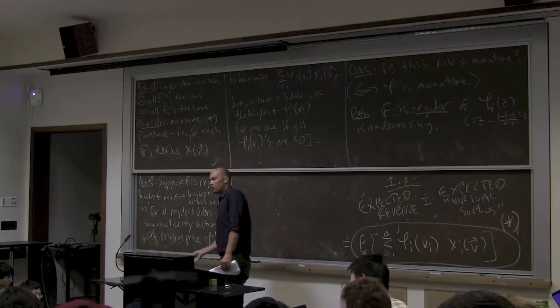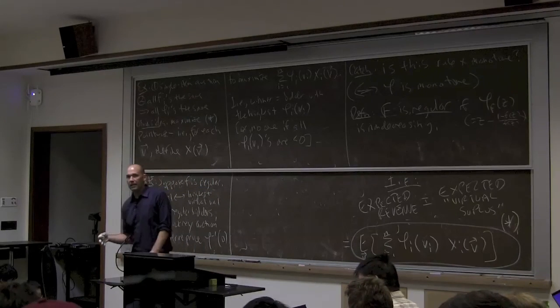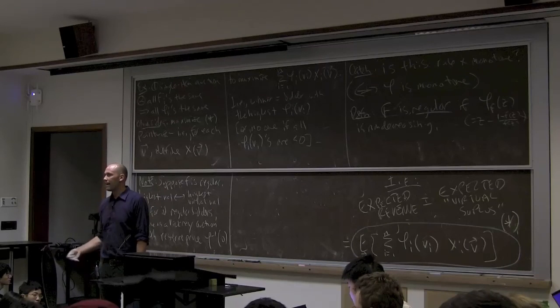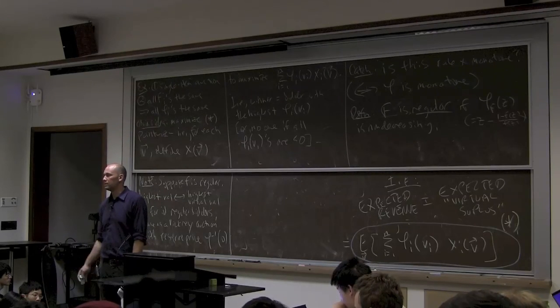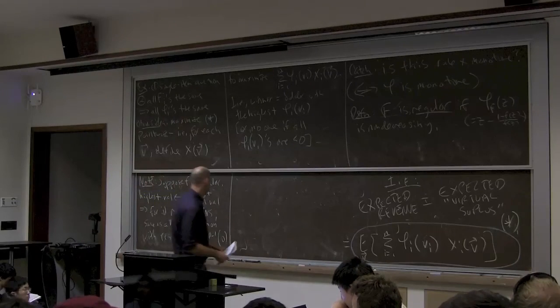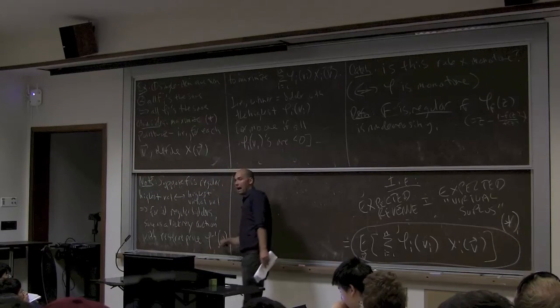For the uniform distribution, recall that phi was 2v minus 1. So what value of v makes 2v minus 1 equal to 0? 1/2. So for the uniform distribution, the inverse virtual value of 0 is 1/2.